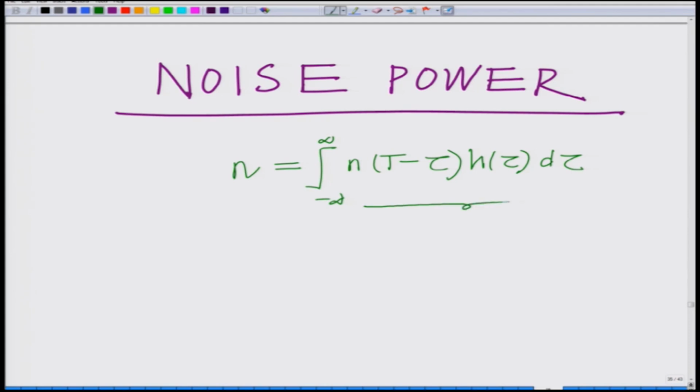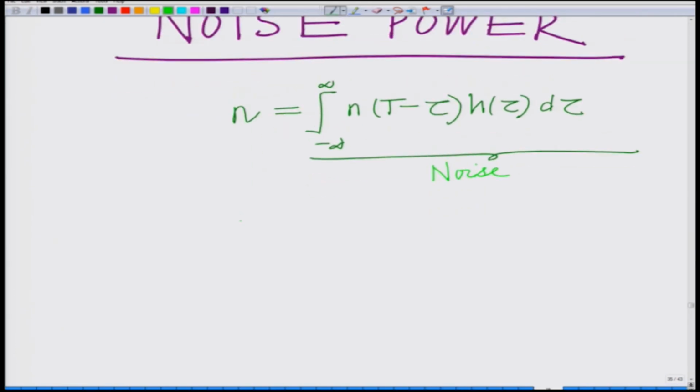This is the noise component at the output, which let us denote by n tilde. Okay. So, this is the output noise.